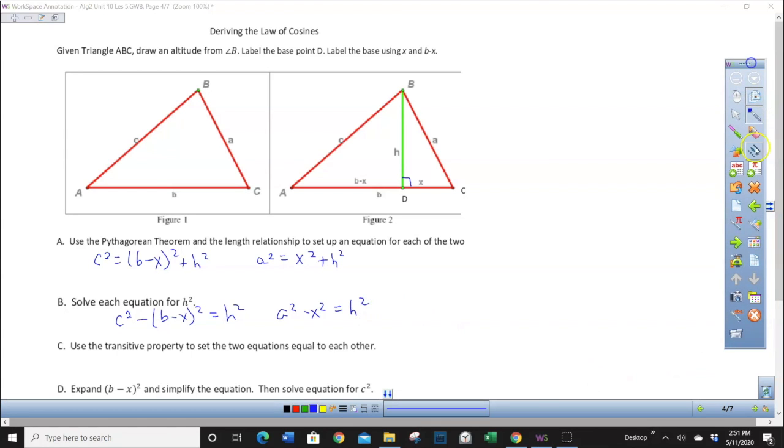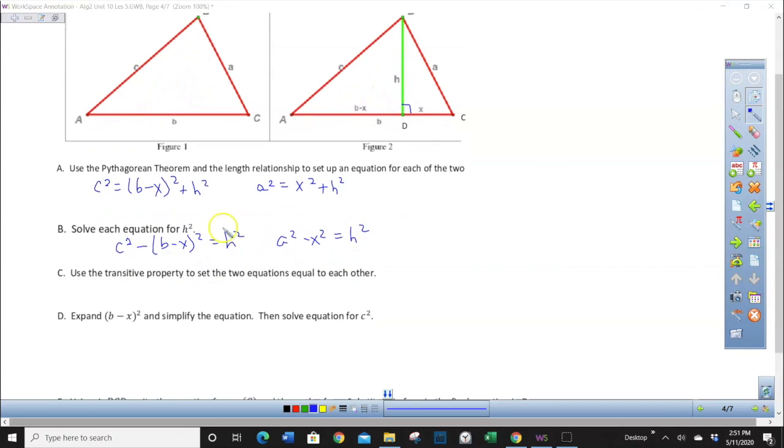Now, using the transitive property, or just looking at it, we know this is equal to h squared, and we know this is equal to h squared. So we can say this is equal to this. So we're going to say c squared minus (b minus x) squared equals a squared minus x squared. Then it says to expand this (b minus x) squared and simplify the equation.